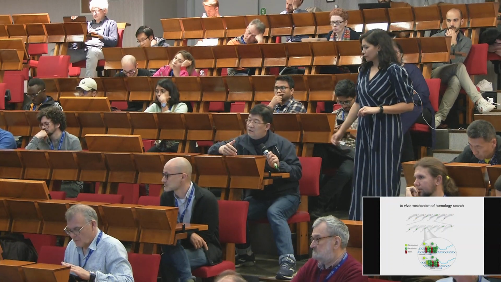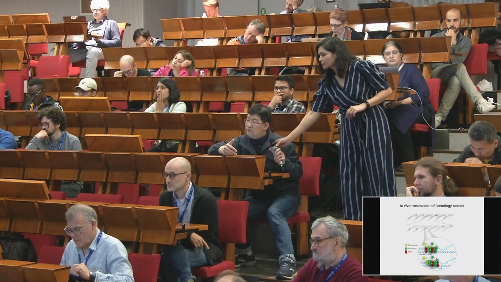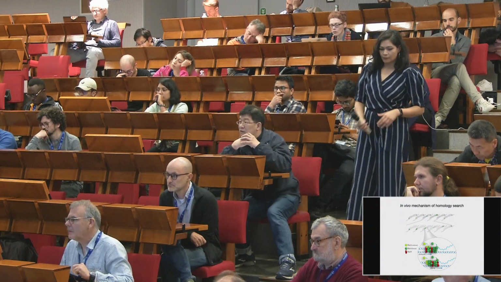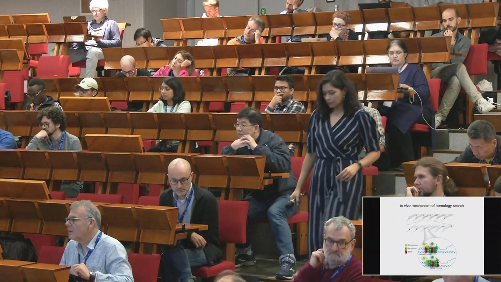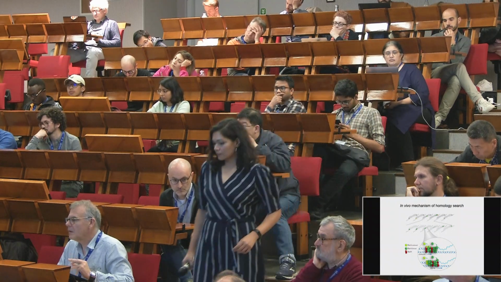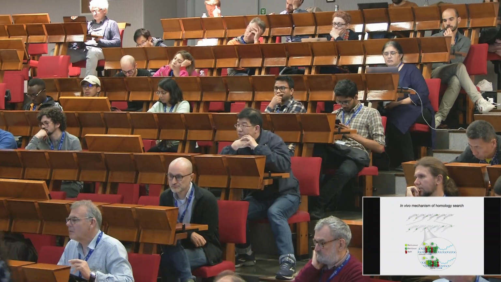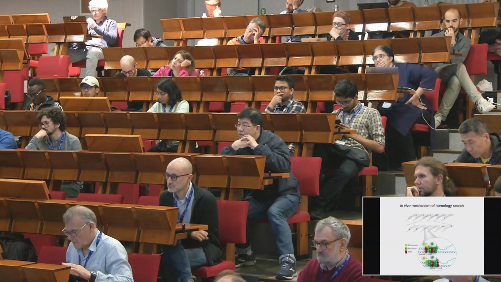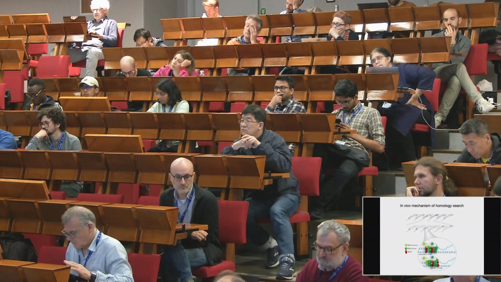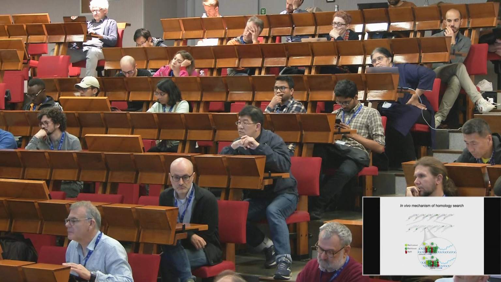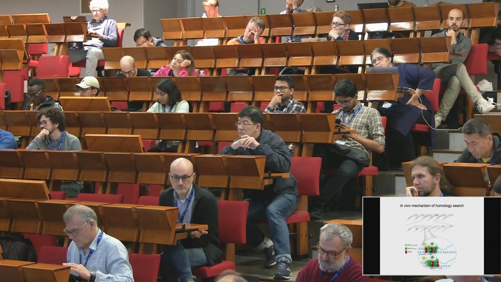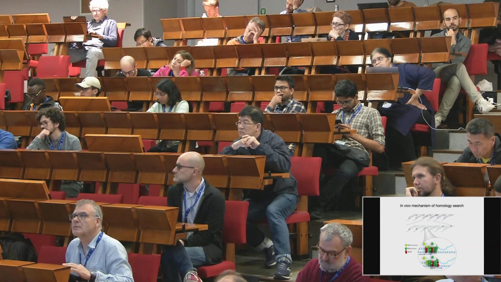So there's a recent structure that sort of helped give some insight into this. There's a two-step mechanism by which RecA does microhomology sampling. Every time RecA interacts with the double-stranded DNA, it's going to do local base melting and try to do base pairing. And it does this in two steps.